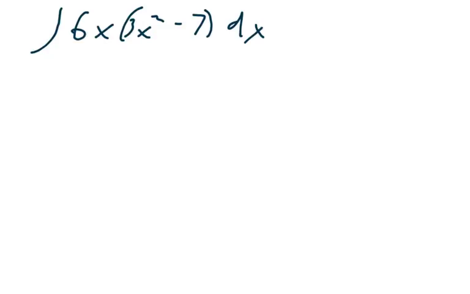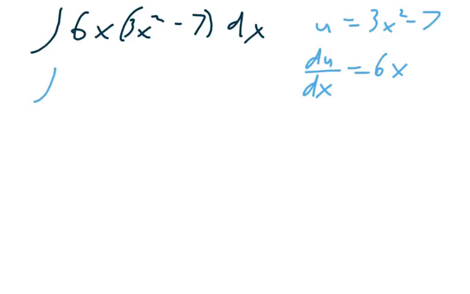Alright, for this problem, I'm going to do this with u substitution because I think that I meant to put an exponent above the parenthesis. So when I take the derivative, I got du equals 6x.